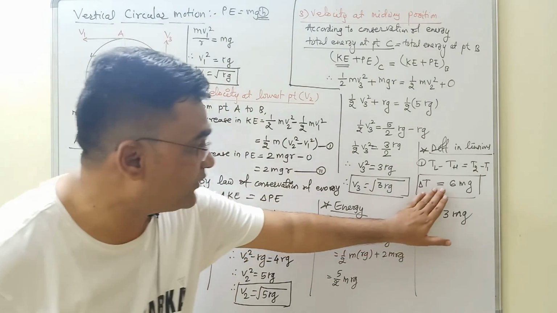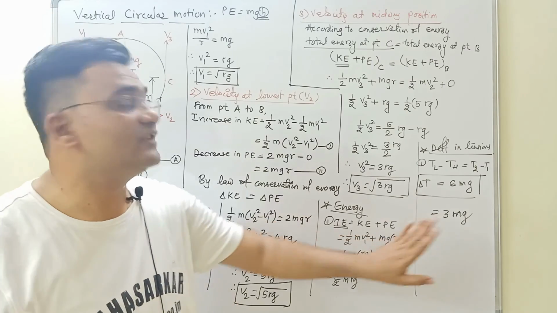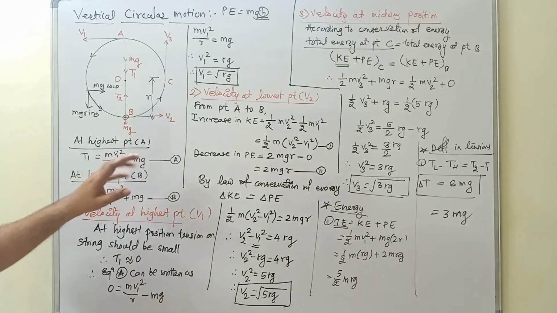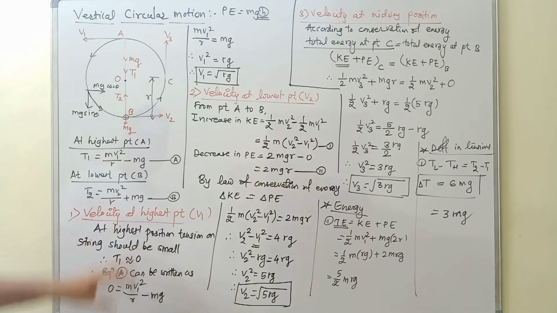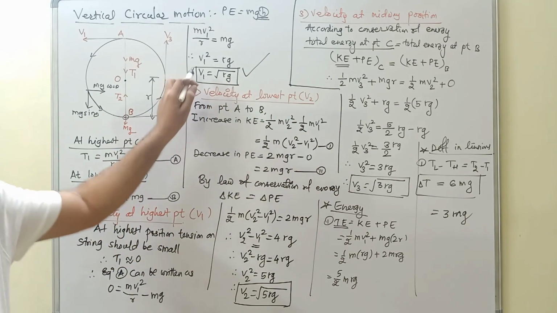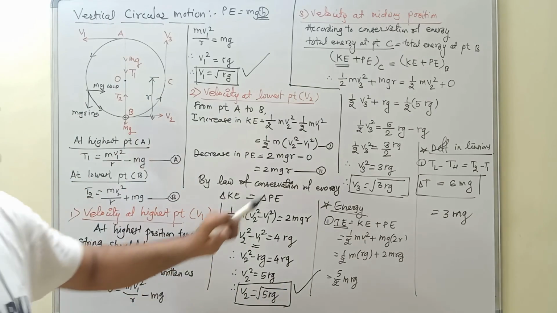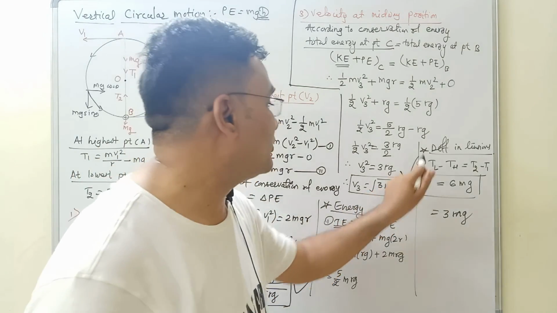These things you have to keep in mind, as they are going to be asked in MHT-CET exams and you will require them for solving numericals. This is a simple article with three important formulas to remember: velocity at the highest position, velocity at the lowest position, and velocity at the midway position.